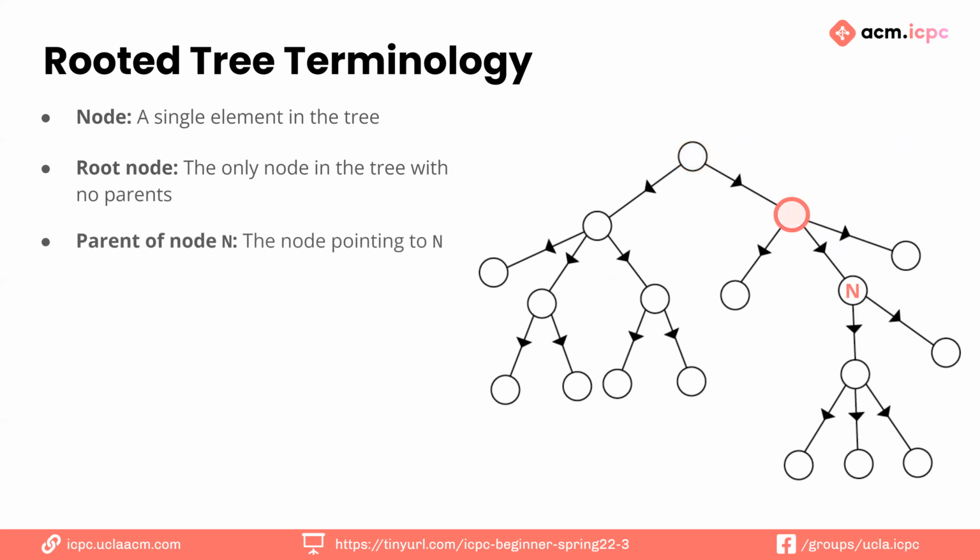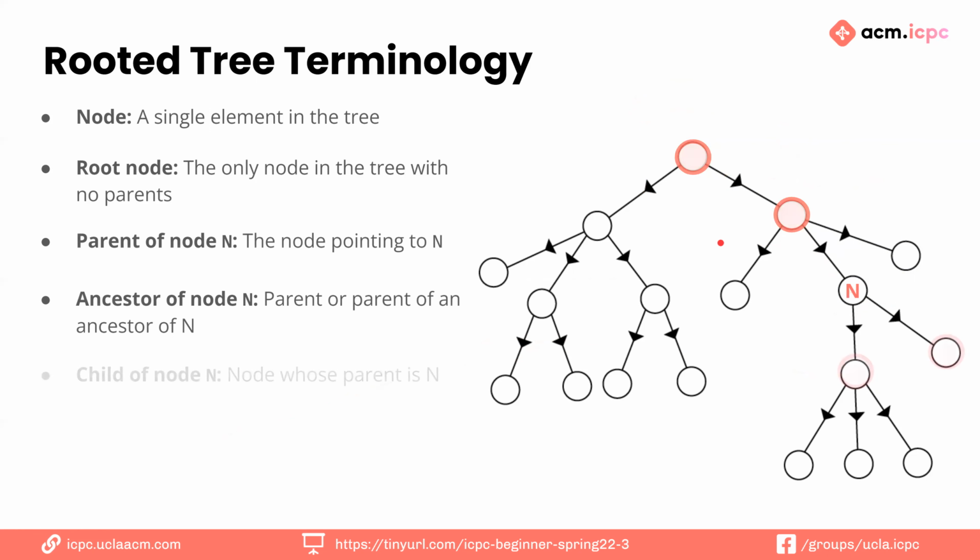And a parent is just a node pointing to the node you're interested in. So if this were n, then this is the parent of n. And an ancestor of n is the parent of n, or the parent of an ancestor of n. So all of these are ancestors of n.